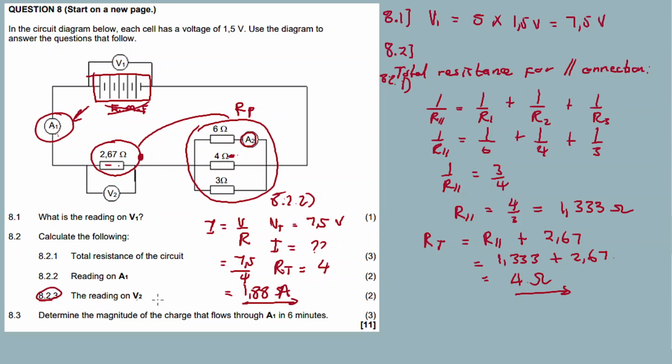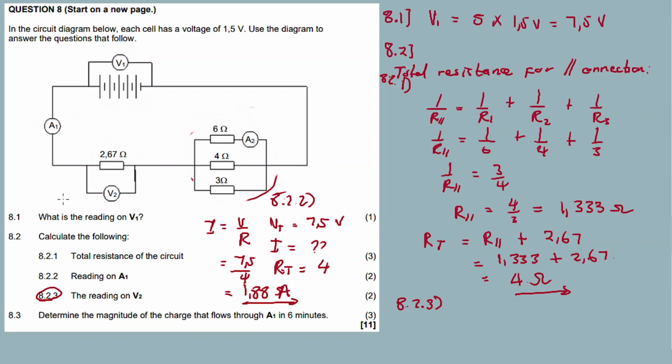This one is voltmeter reading number 2. 8.2.3, we want V2 now. We want the reading of voltmeter 2.